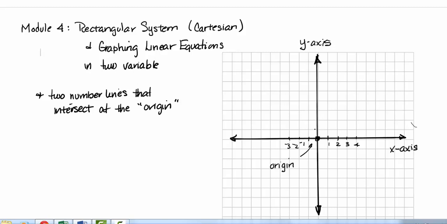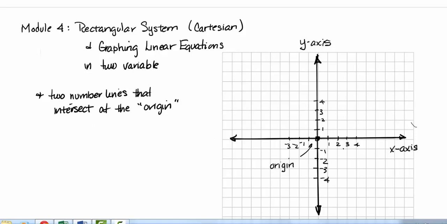And in the vertical direction, we're going to go up 1, 2, 3, 4, down -1, -2, -3, -4. So as you can see, we just have two number lines, one that goes horizontally and one that goes vertically. And the point in the middle is called the origin.